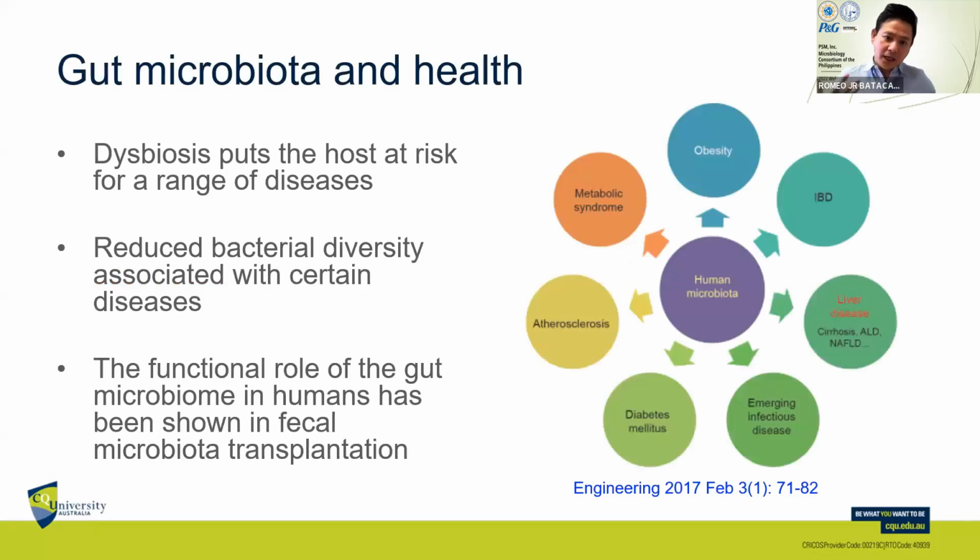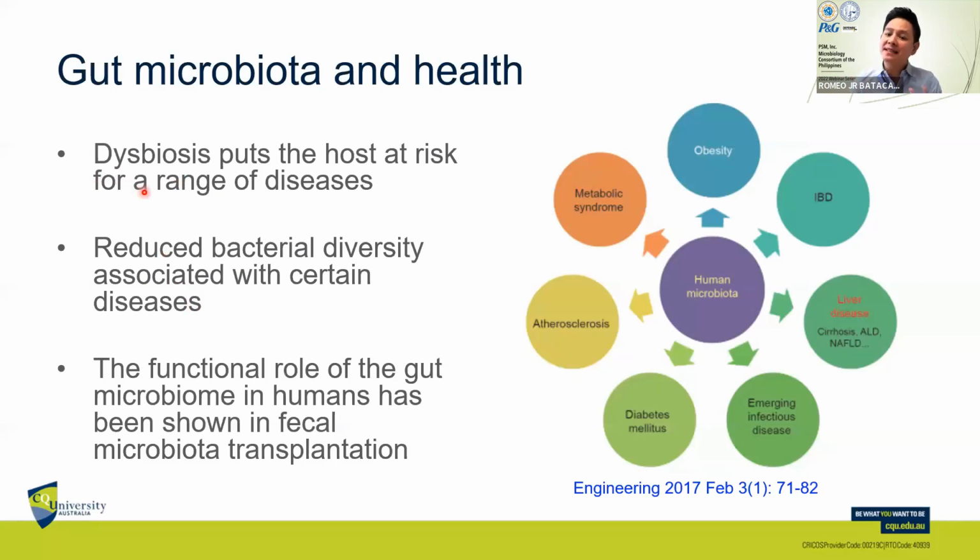Now, let's talk about the role of gut microbiota in health and disease. In some instances, the gut microbiome becomes imbalanced or disrupted, and this is what we call dysbiosis. Dysbiosis puts the host at risk.